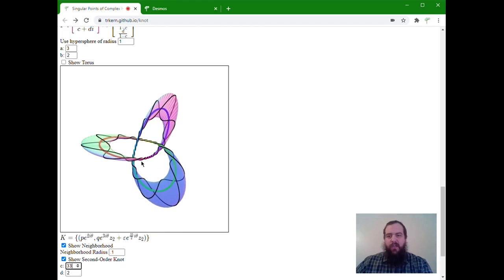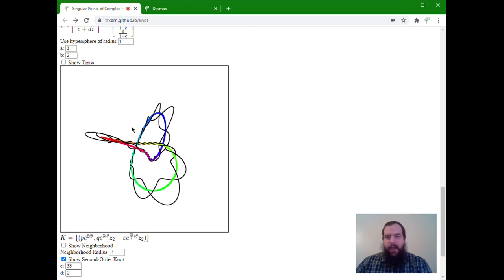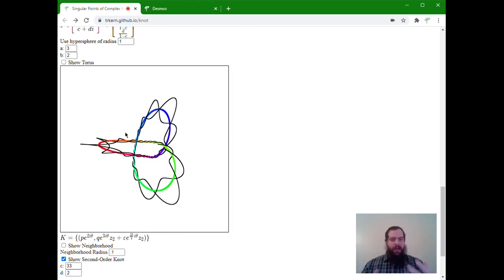So why should we believe that this knot here in black can be obtained by taking the solutions to some sort of polynomial equation and doing this intersection process? Find a singular point at the origin, although if it's not at the origin, you can move everything so that it is at the origin.